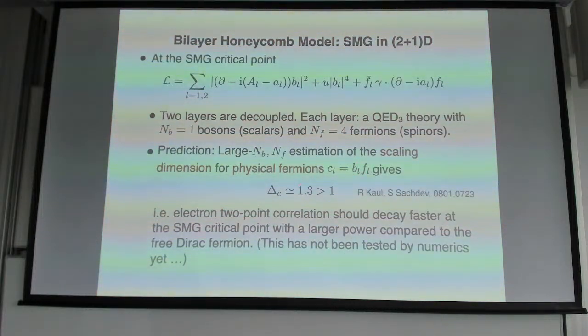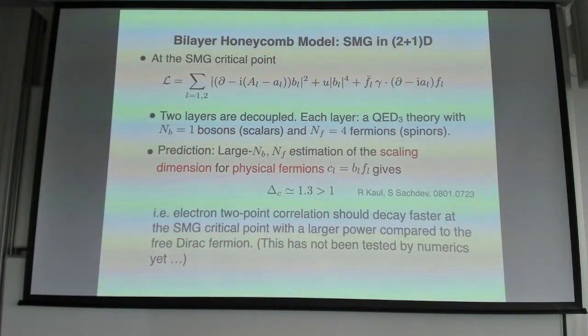The calculation shows that the scaling dimension of this fermion is around 1.3 if you extrapolate to this limit, and that is greater than 1. 1 is the scaling dimension of the free fermion in 2+1D.